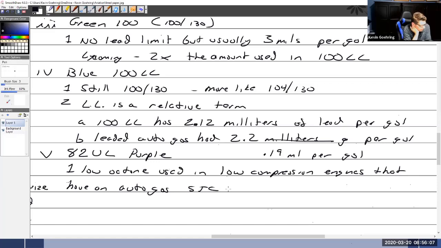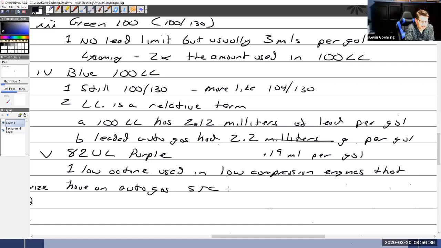But then there was this guy who created an STC, which is a supplement to the type certificate, to run autogas. Basically he proved to the FAA that you could get autogas and run it in an engine that was designed for 80/87 without any adverse effects. And the FAA bought on this.